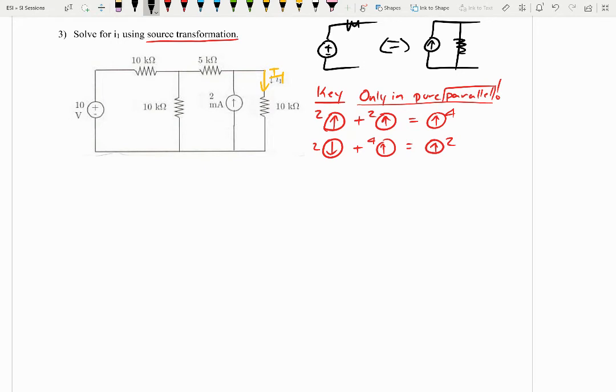Okay. So source transformation, what I want to do is end up combining these current sources down. So here, you have a resistance in series, a battery in series with this resistance. So I can redraw this circuit.